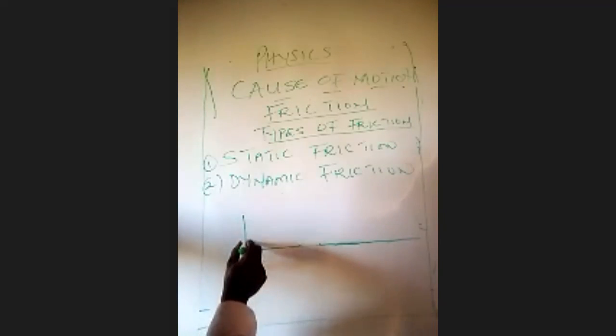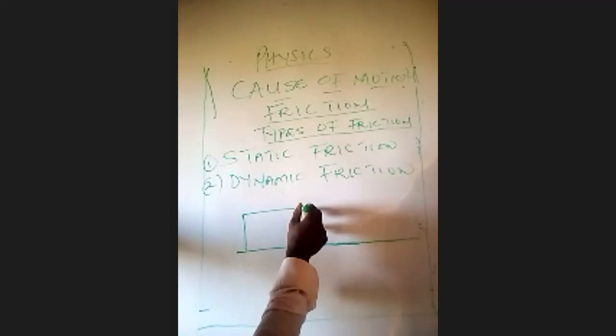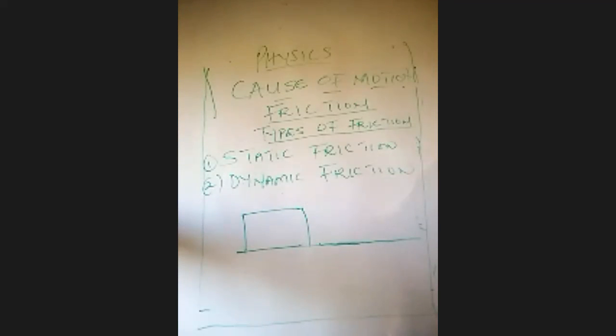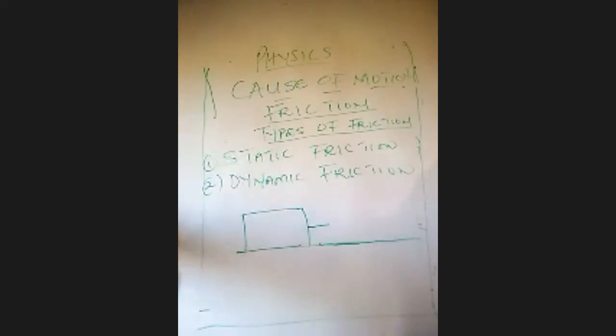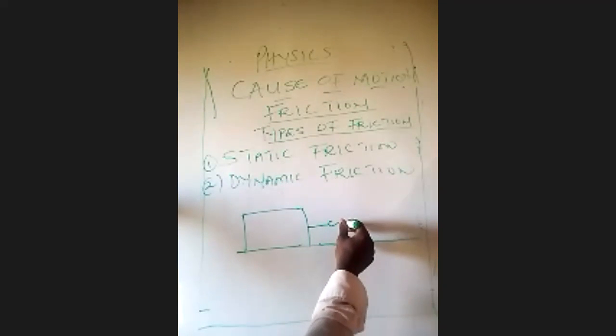Let me assume that this is the weight on the smooth board. Okay, let's try to draw our spring. I'm not that good at diagrams.